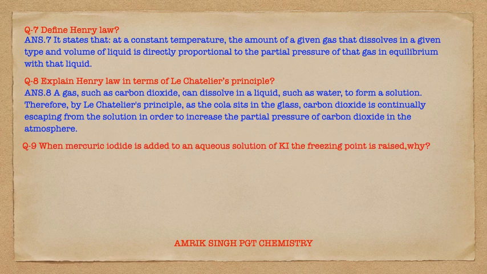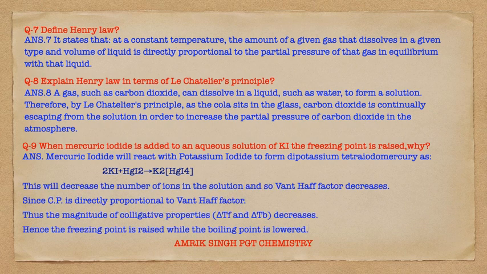Question number 9. When mercuric iodide is added to an aqueous solution of KI, the freezing point is raised. Why? Important question, because mercuric iodide will react with potassium iodide to form dipotassium tetraiodomercurate. HgI2 will convert into K2HgI4 as shown.